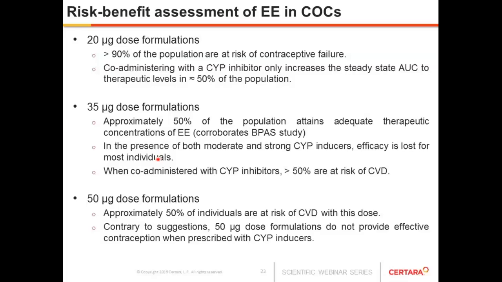This is an independent simulation from the BPAS study, but the numbers tally. The BPAS study said that about 50% do not have a therapeutic response, and we're getting about 50% of our simulated individuals falling outside that therapeutic window.